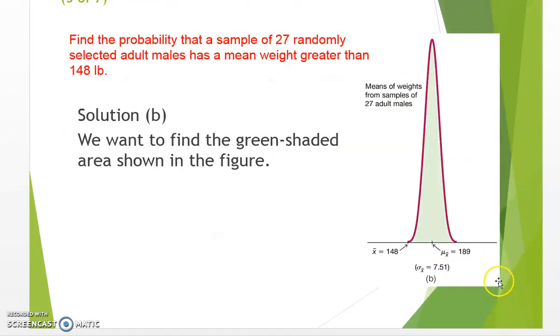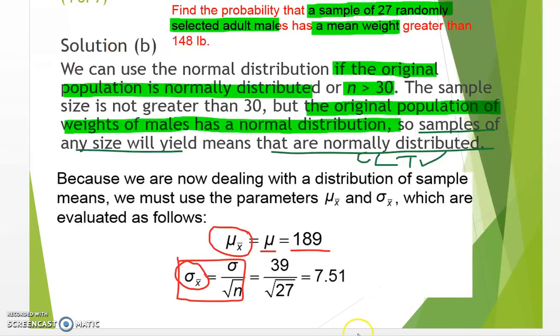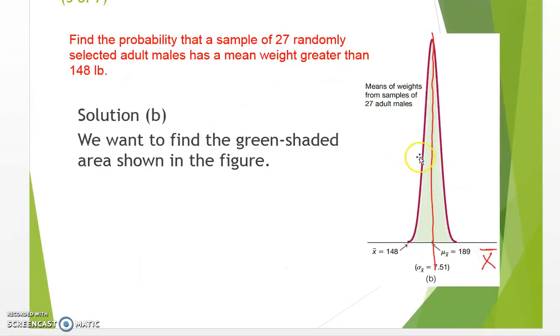So this time if we look at a normal distribution, we are looking at the distribution of x bars, sample means. And the sample means have a mean of 189, as we mentioned here, and standard deviation is 7.51, which is really small, right? So you would have a very tall normal curve.